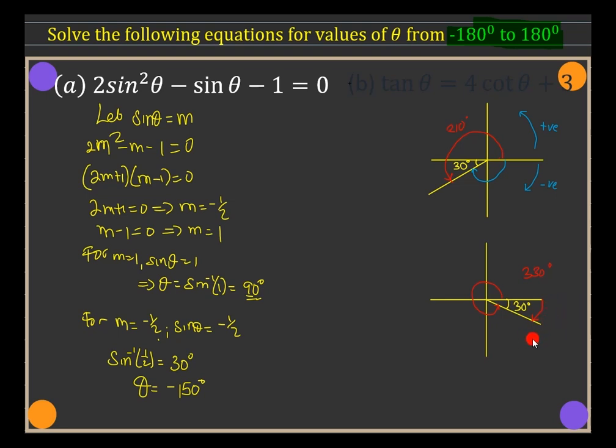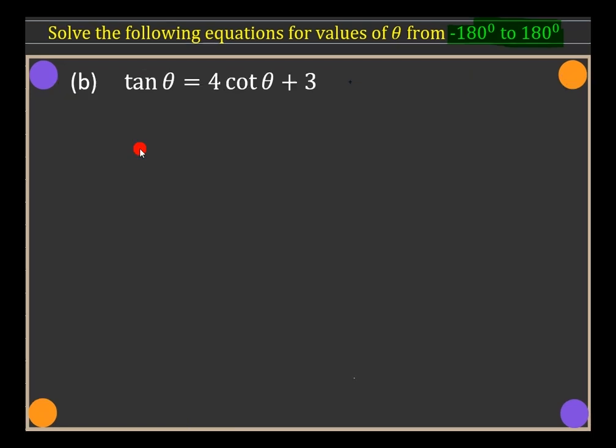So that angle is negative 30 degrees. So that means that theta, we had 210, which we can write as negative 150, and now we are having 330 degrees, which we can write as negative 30 degrees. So from here, the values of theta we have are 90, negative 150, and then negative 30 degrees.